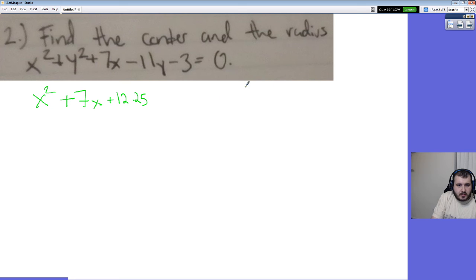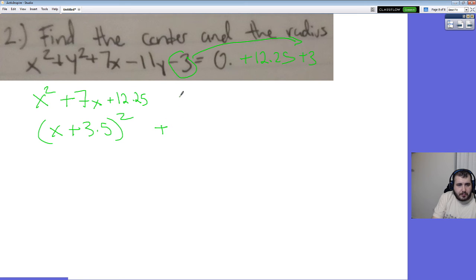I'm going to add that to the other side. And also you notice that this is a negative 3, so when we add it over here, there's a plus 3. So there's my x part. We got x plus 3.5, the quantity squared.